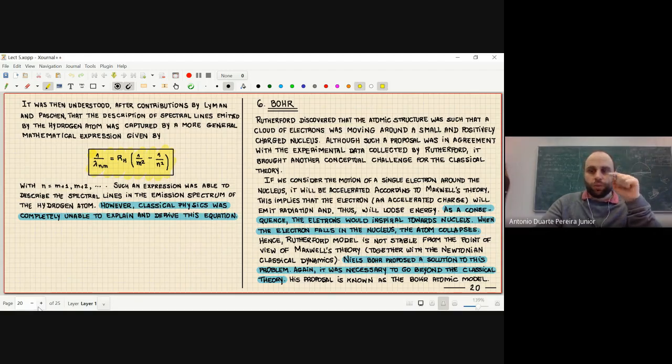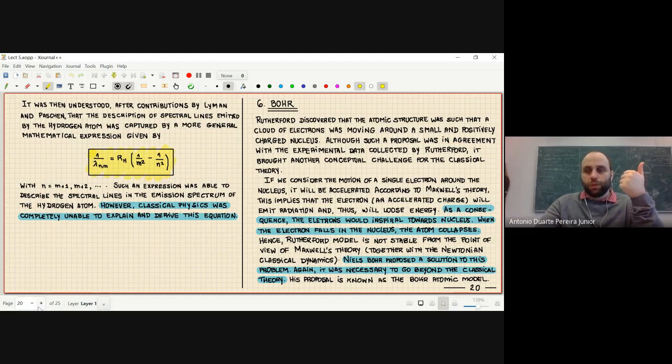And in order to do so, Bohr considered that accelerated electrons will emit radiation. This is a prediction by Maxwell's theory. And he wanted to describe the simplest motion that you can think of, which is a circular motion of electrons in a hydrogen atom around the nucleus.